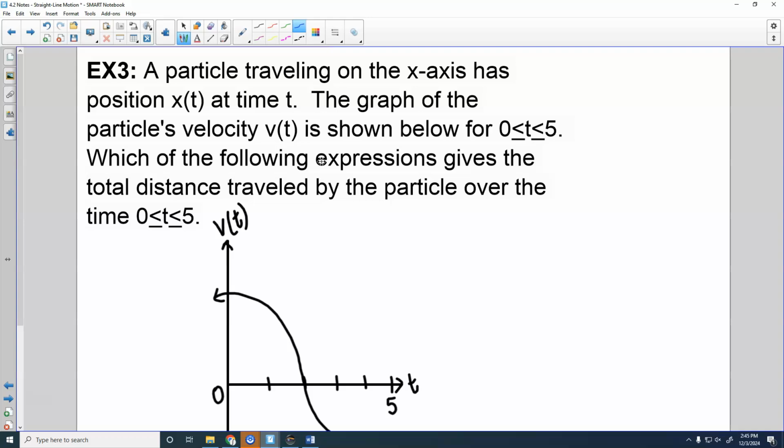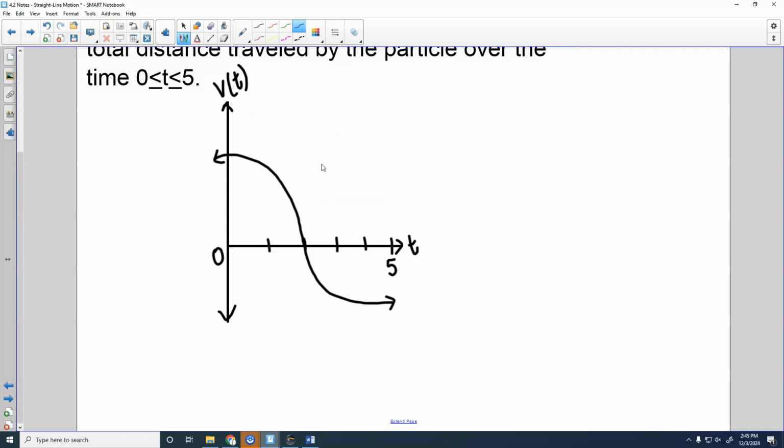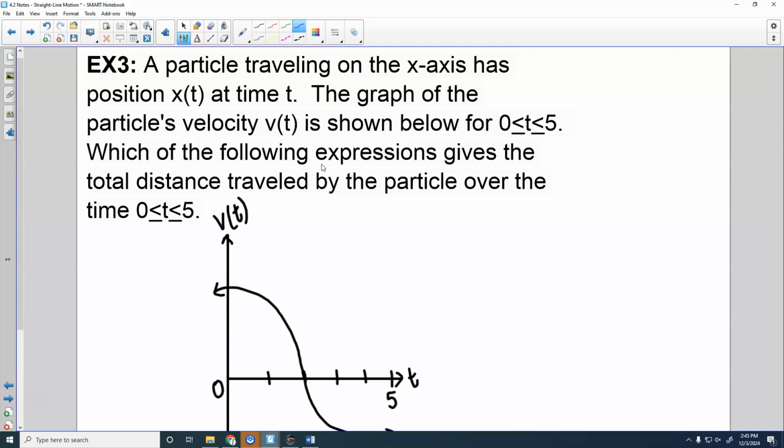Write an expression that gives the total distance traveled by the particle over the time 0 less than or equal to t less than or equal to 5. All right, so first of all, are we looking at position? No, we're looking at velocity.